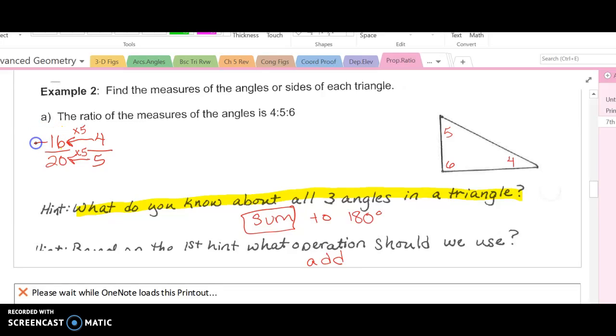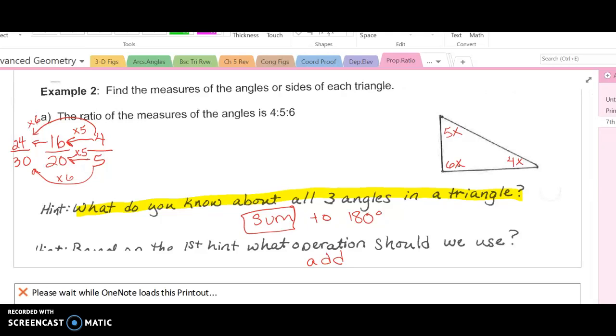Let's pretend that it was 24 to 30. You're multiplying by some number, right? We just don't know what that number is. We just know what it was as a reduced fraction. So essentially 4 times some number, we'll call it x, 5 times some number x, and 6 times that same number x would give us what the original numbers were, the degrees of those original numbers.